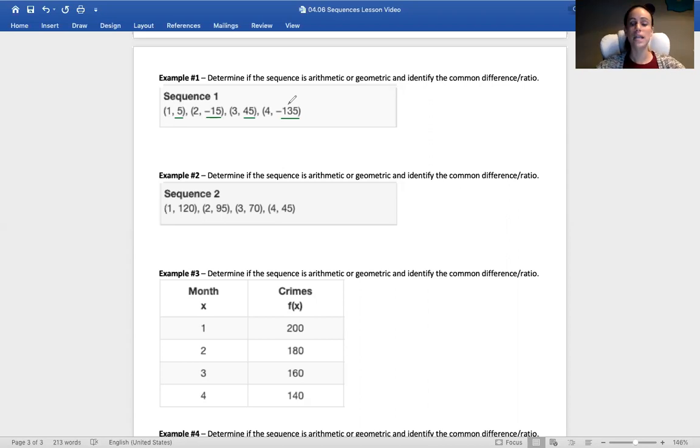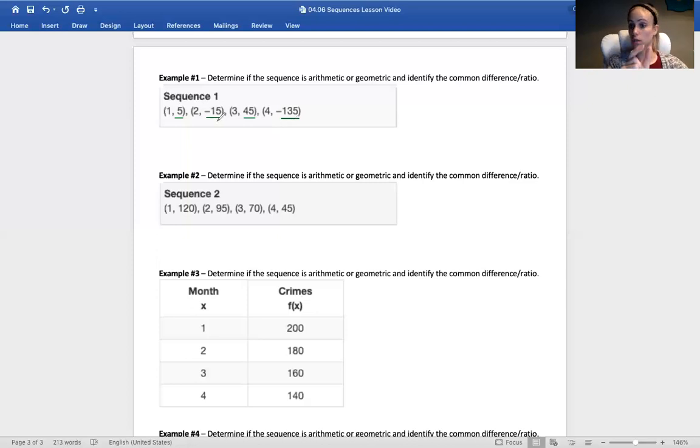So all of the numbers that I have underlined are what we are going to look at. So let's see, I'm just going to start with looking, okay, so 5, negative 15, 45, negative 135. That grew pretty quickly. So in my thinking, exponential ones, so geometric, usually grow faster. So let's try for that first.